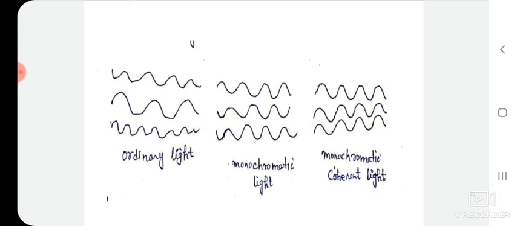So let us understand the difference between ordinary light, monochromatic light, and monochromatic with coherent light. If you consider ordinary light, it consists of a number of wavelengths.